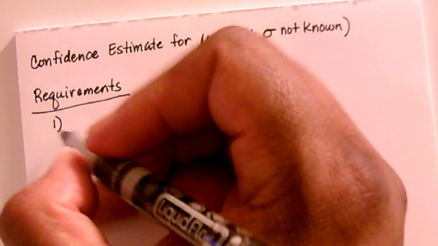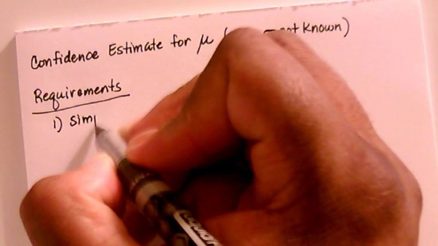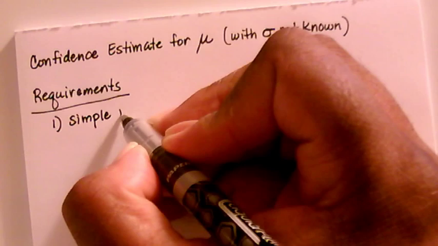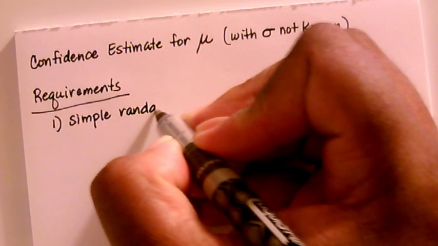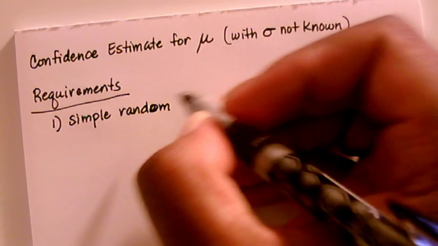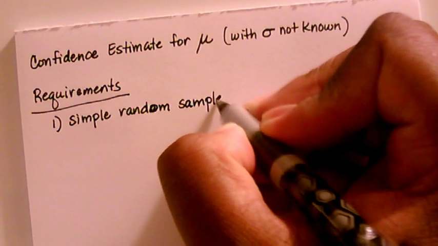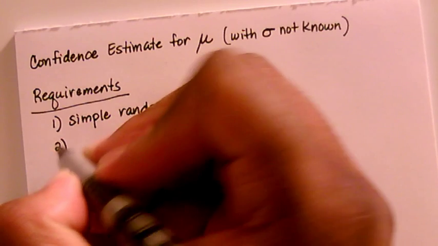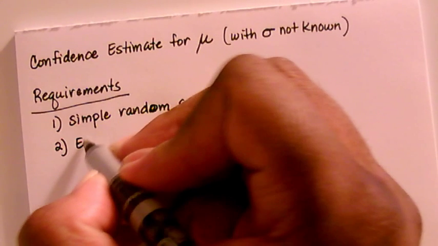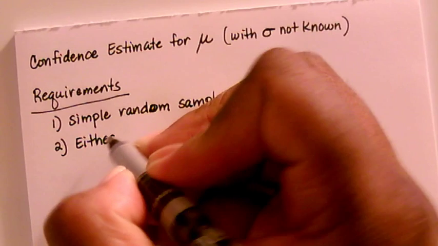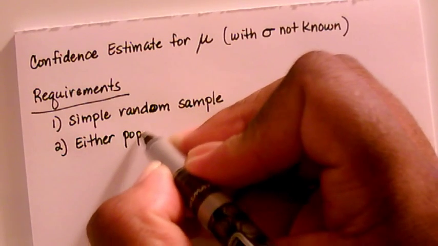One of them is, again, you must have a simple random sample, and that's where samples of the same size have an equal chance of being selected. And then second, either the population is normally distributed.